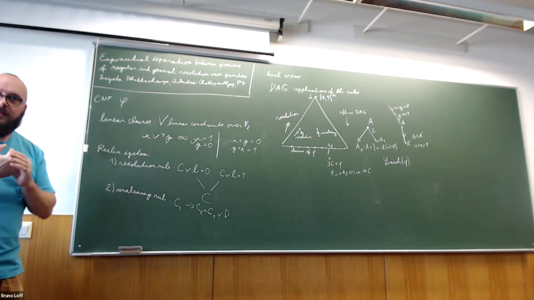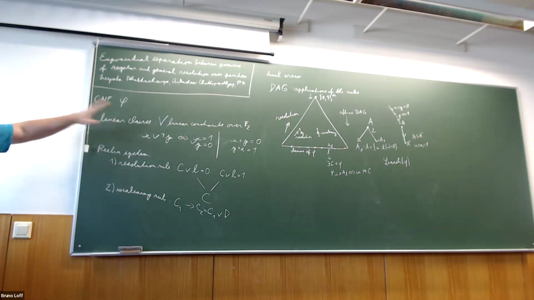Oh, I see. So you're saying that typically when people in proof complexity look at what can be proven, they start with the standard CNF, but somewhere in the middle you might have added linear constraints. How can you add them?